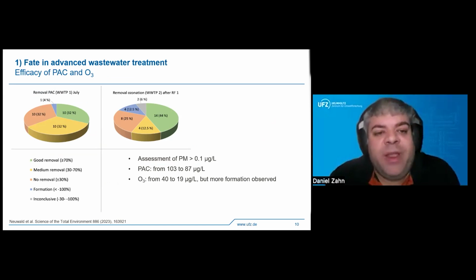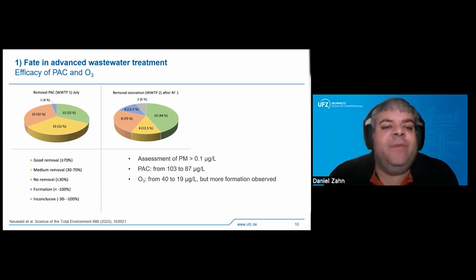And here you see a breakdown of the removal with powder activated carbon and with ozonation followed by rapid filtration through a sand filter. The powder activated carbon had a pretty even 1/3, 1/3, 1/3 split. 1/3 of those chemicals were removed well, so greater than 70%. 1/3 was removed partially, so between 30 and 70%.